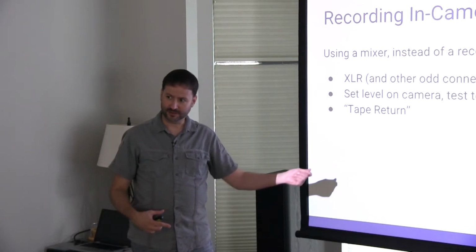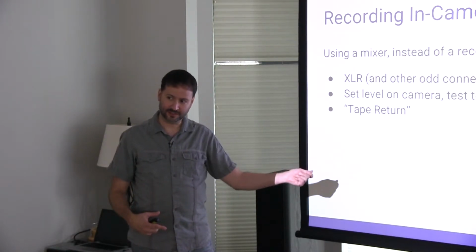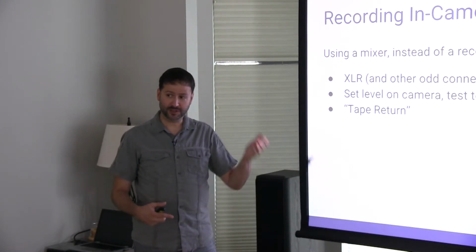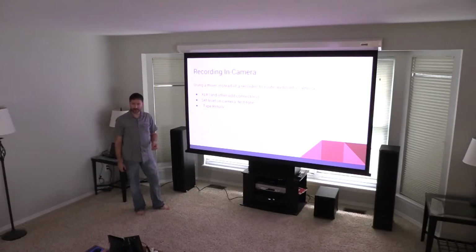It outputs that on other ports that get connected to something else. Could be a different recorder, or it could be the camera. So that camera up there on the big stand has XLR inputs. I could feed that camera from the mixer, and so when the camera is recording video, it's also recording the audio that came from the boom mic.